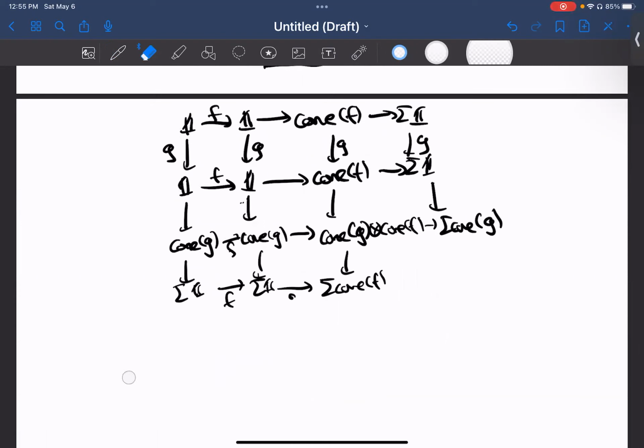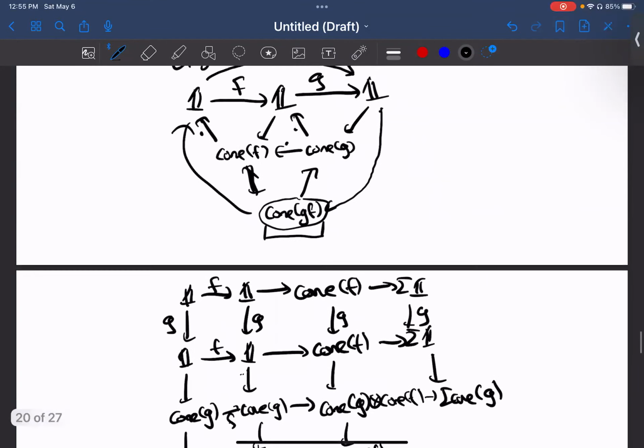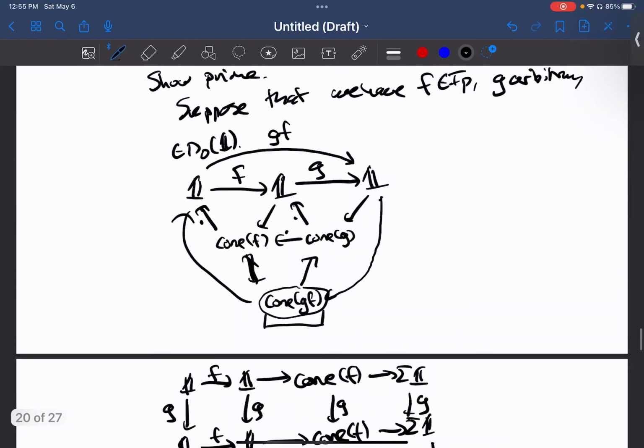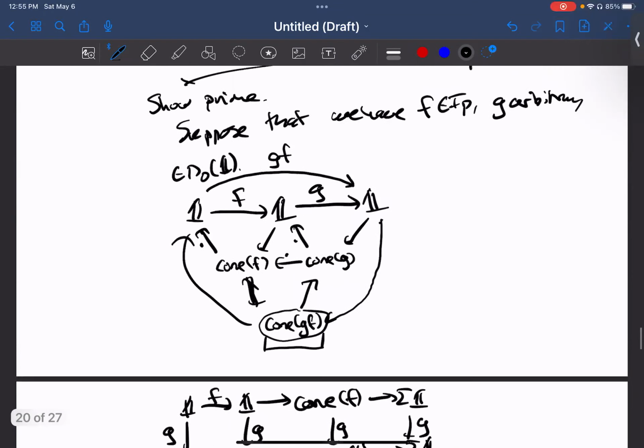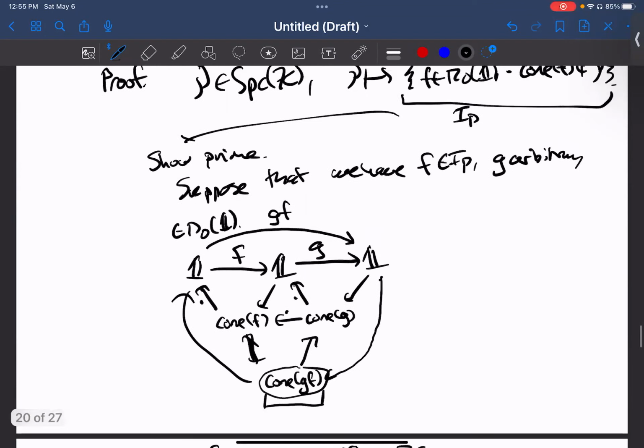I'm trying to think of the right way to go through this one. If cone G is in P, then this is obvious because by 2 out of 3. So the only issue is when cone G is not in P.